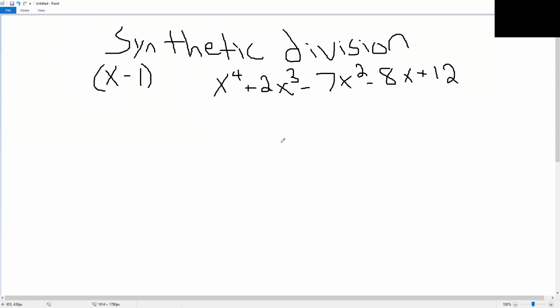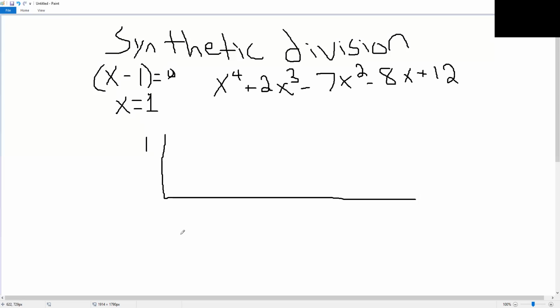Okay. How do we do that? Well, here we'll solve for x. Let's set it to 0. We'll say x equals 1. Okay. Now we know we have a 1. Let's write that 1 right here, and let's draw a box like this. This is an upside down box, kind of like our factoring trees.